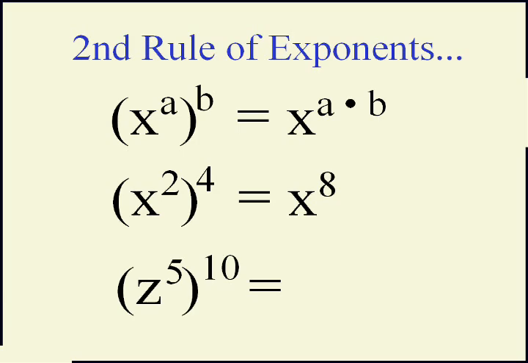Think of all the z's you'd have to write. You might fall asleep. That's a nice shortcut. But you'll have to remember the difference between this first rule of exponents that uses 2 terms multiplied and the second rule of exponents, which is really 1 term raised to a power.